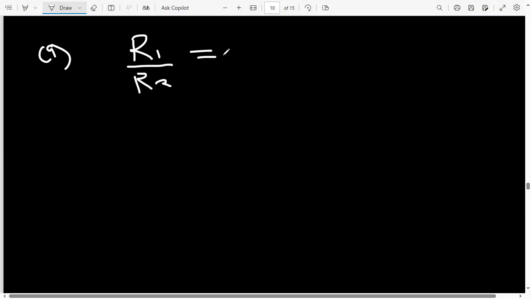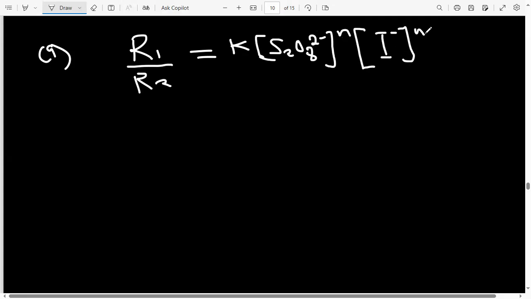Rate 1 is given by a constant k, and then the first reactant, S2O8 2 minus, to the power n because we do not know n, multiplied by the iodide to the power m. This on top is the rate law for the first experiment.